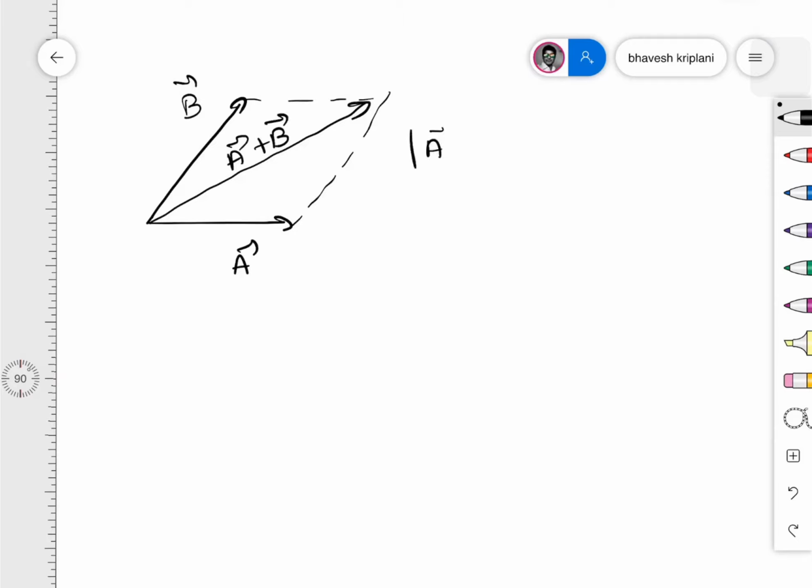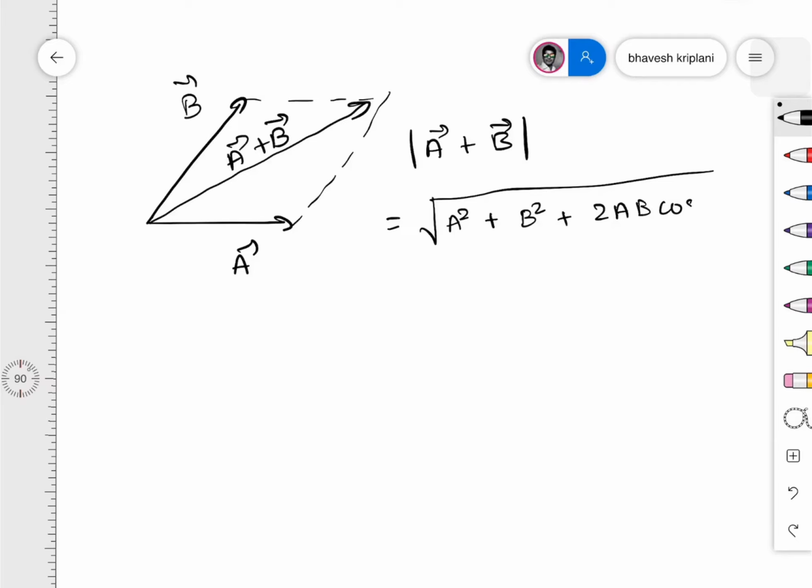Then the magnitude of A vector plus B vector will be equal to root of A square plus B square plus 2AB cos theta, where the angle between A vector and B vector is theta. But what if I want to find the magnitude of A vector minus B vector, or magnitude of B vector minus A vector?